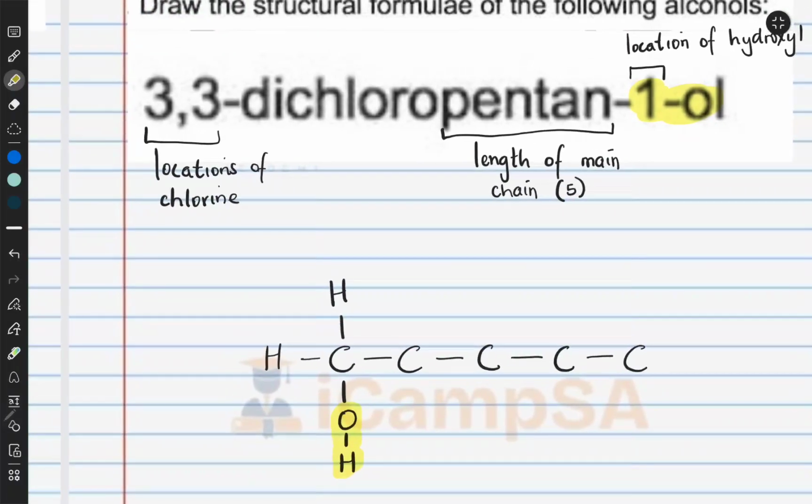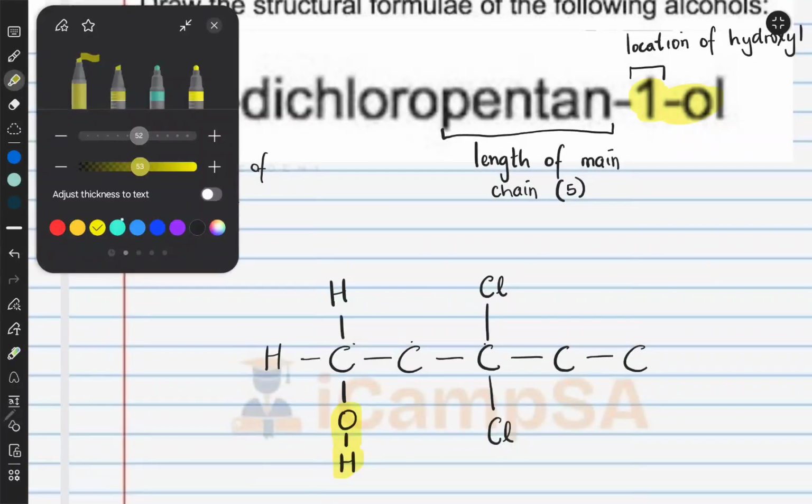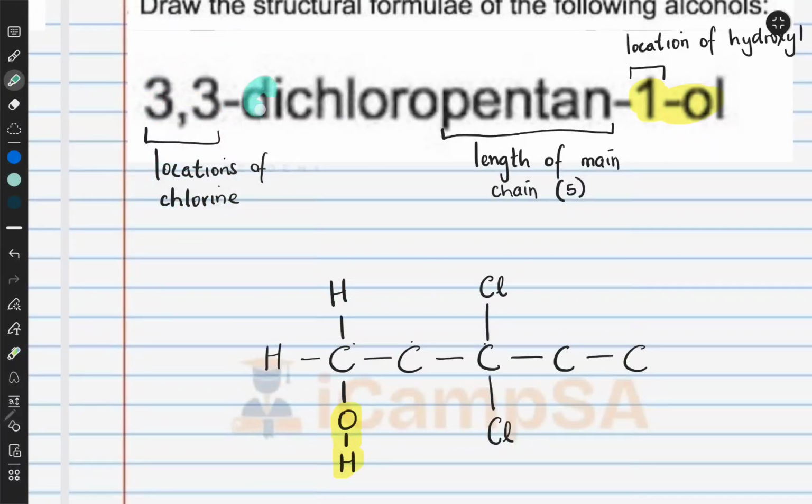Okay, and now we go to the chlorines. We are told that they're on carbon atom number 3. So this is 1, 2, they're here. So it will be a chlorine there and another chlorine atom there. Okay, so that does it for dichloro.